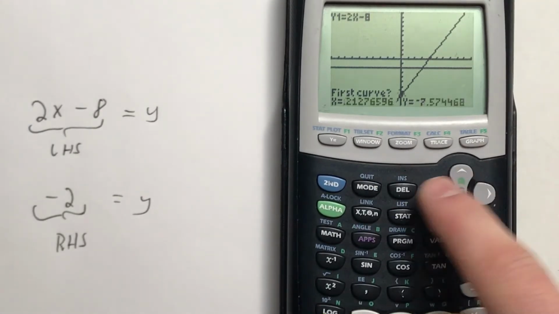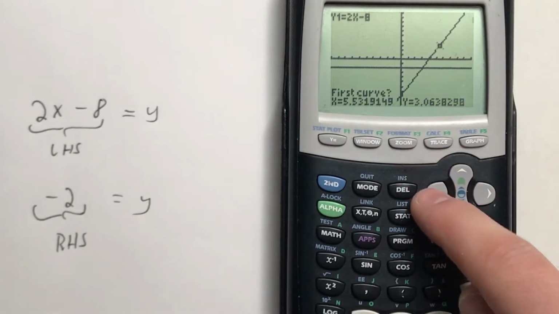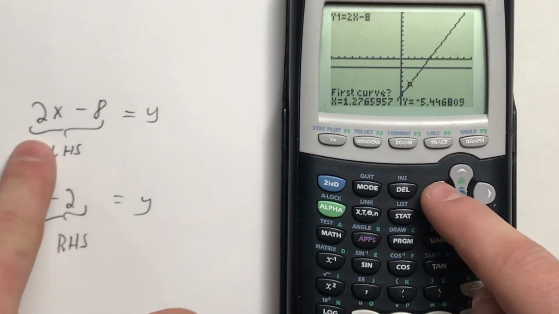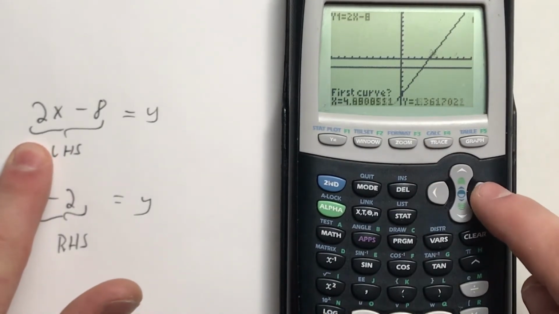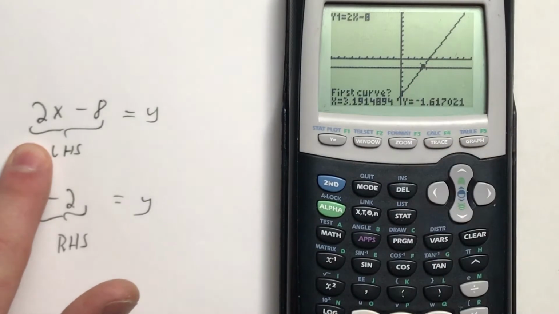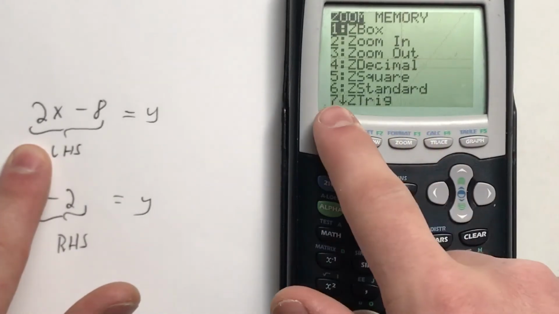Using these two side-to-side keys, we can move the little cursor along this first curve, because this was the first one that we entered. We entered our left-hand side first. We want to use our arrow keys to move this cursor right around the intersection of both of those lines, and then I'm going to press enter.